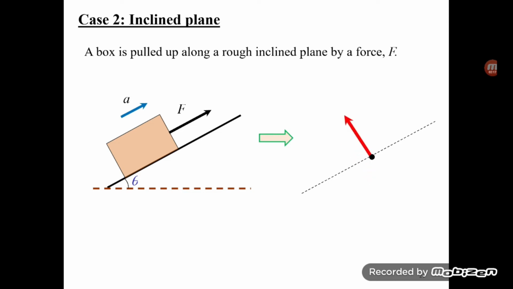We have normal force perpendicular to the plane. We have weight. We have external force and frictional force. Also, you need to show the direction of acceleration.